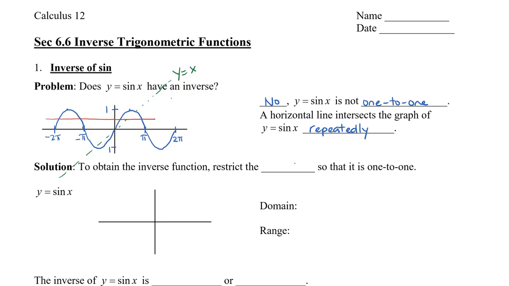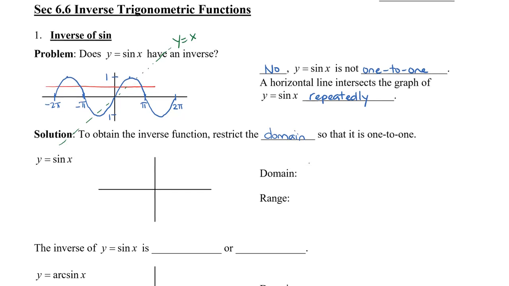So the question is, then how do we make it so that it is a function? So to do this, we're going to restrict the domain so that it is 1 to 1. So what we're going to do is we're going to take only a part of the y equals sine x graph.